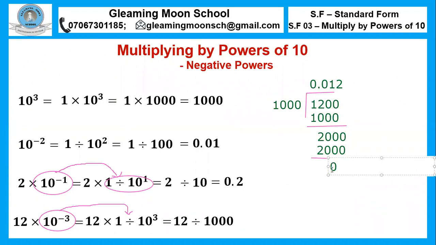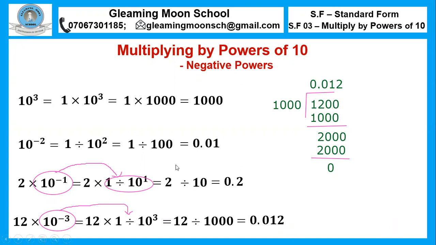Okay, and that means we have finished. So you can see that 12 divided by 1,000 will give us 0.012, which would be our answer here, 0.012.